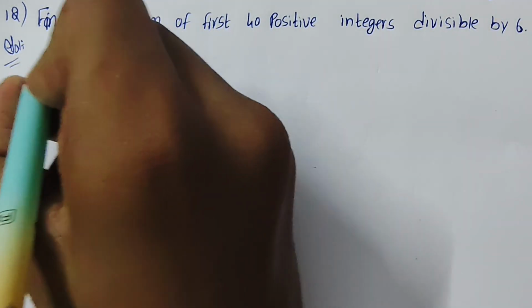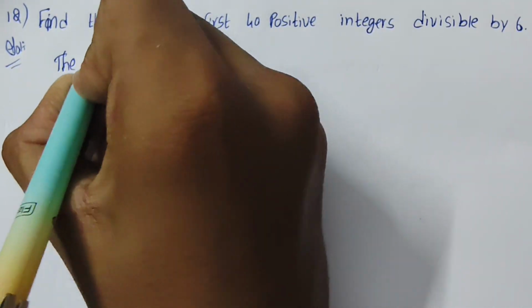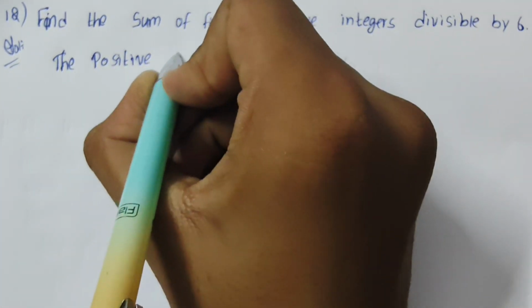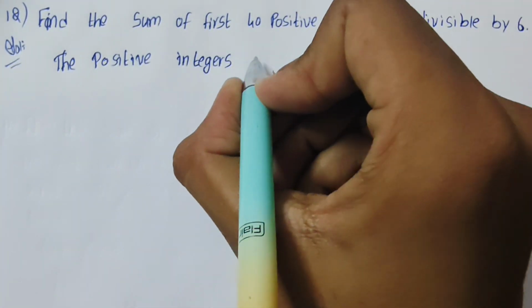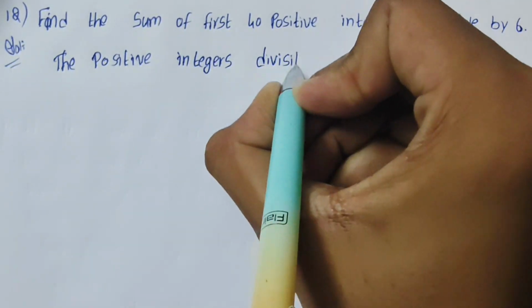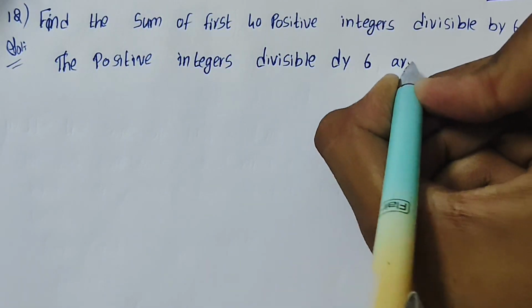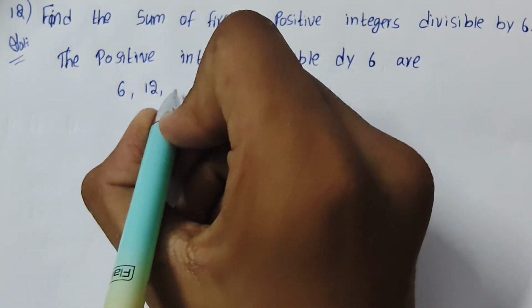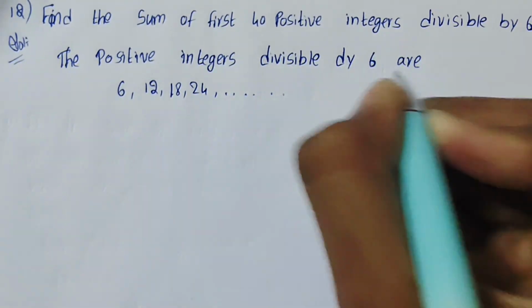So we know that the positive integers divisible by 6 are 6 ones are 6, 6 twos are 12, 6 threes are 18, 6 fours are 24, and so on.